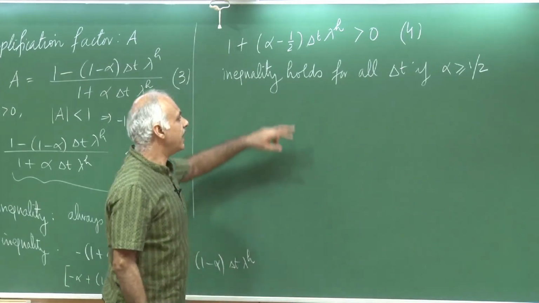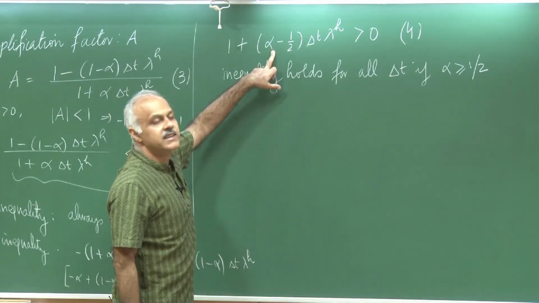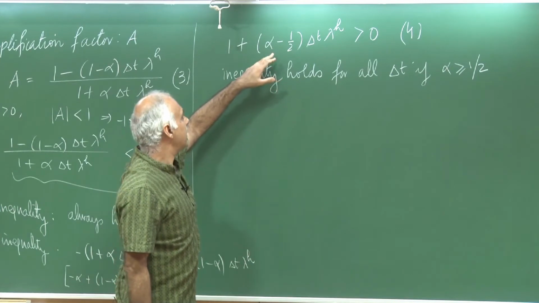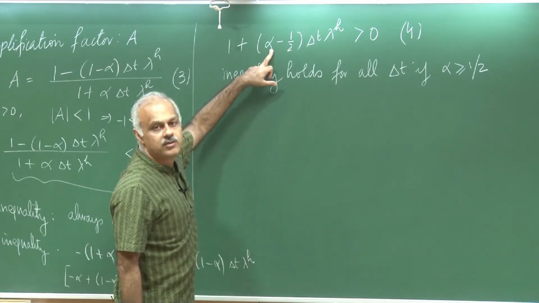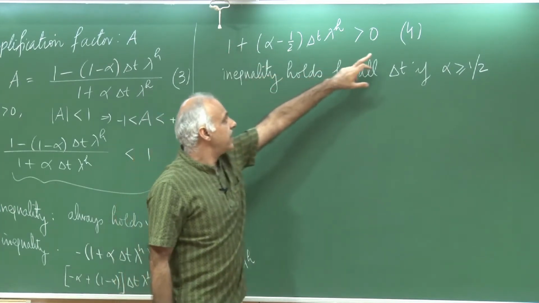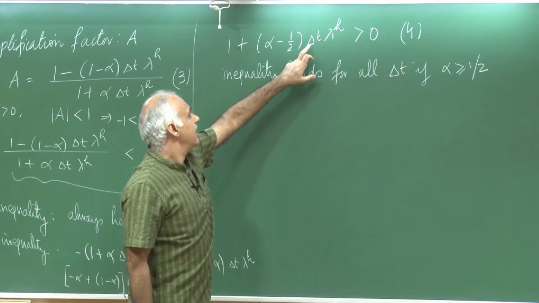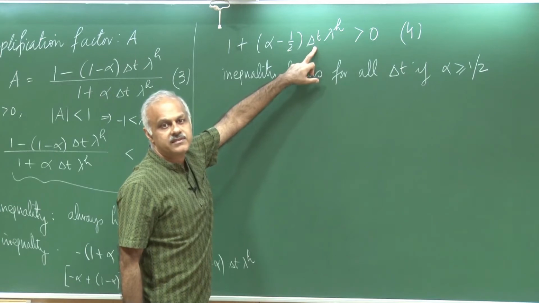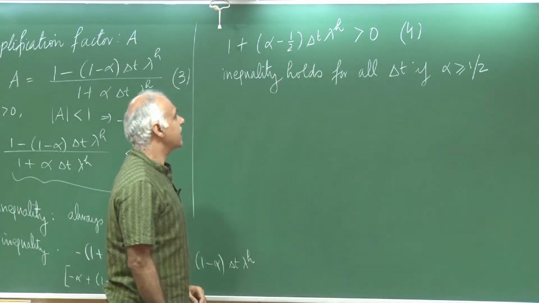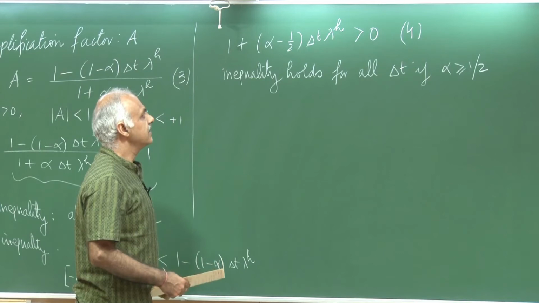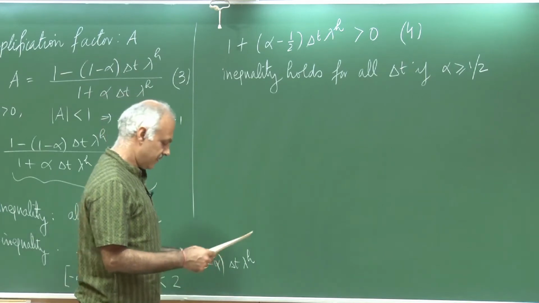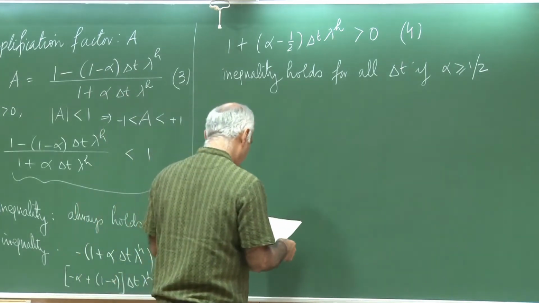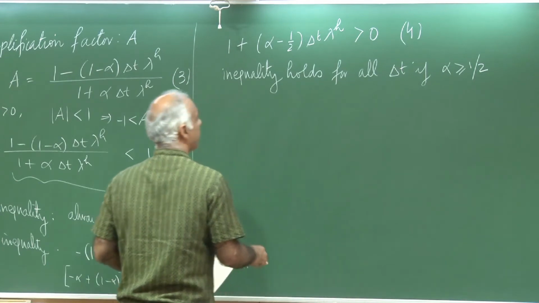But if I use a value of alpha which is smaller than half, for example, I could use a value of 0, then to satisfy this inequality, I have to now place a bound on delta t. Okay, so therefore, the inequality would hold for a limit on delta t. So that leads to what is called conditional stability.